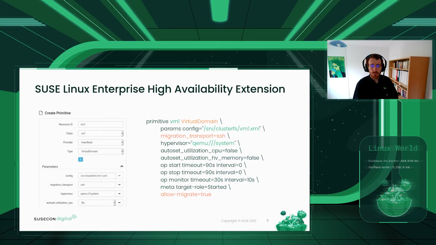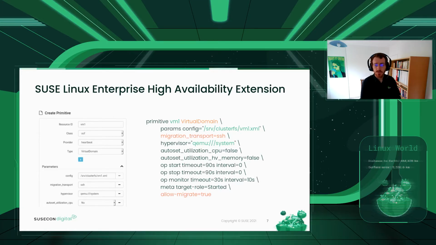What does it do? It takes a libvirt XML definition. Here, the path is located in /srv/clusterfs/vm1.xml. It also needs the disk images ready for the VM. And then it will just call libvirt to start, stop, or migrate the VM.